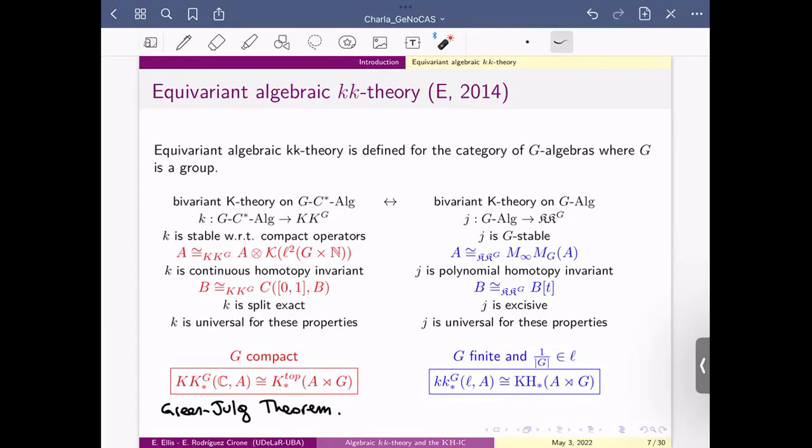The hypothesis is G is finite and the order of G is invertible in L. Then if we take this KK group, we obtain the homotopy K theory of the crossed product.